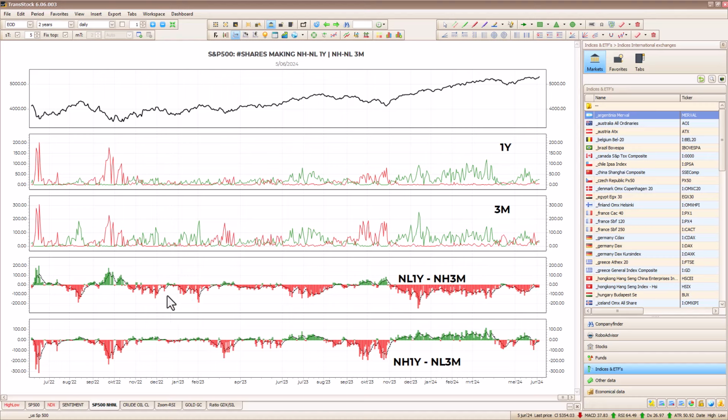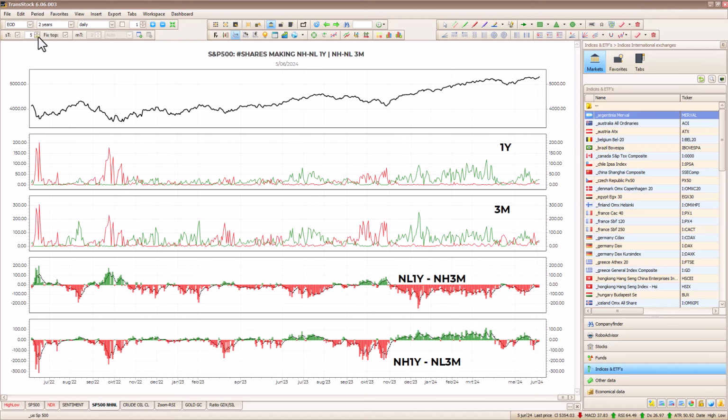The bottom 2 inner windows show the difference between the new lows on 1 year and the new highs on 3 months. And below, we see the difference between the new highs on 1 year and the new lows on 3 months.